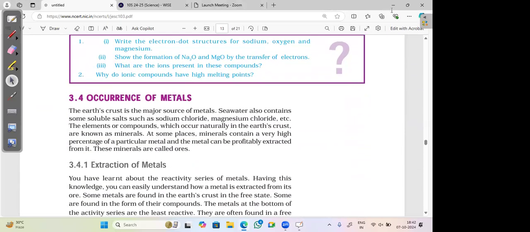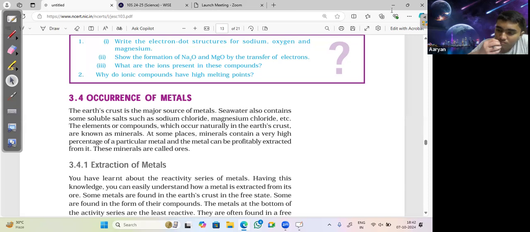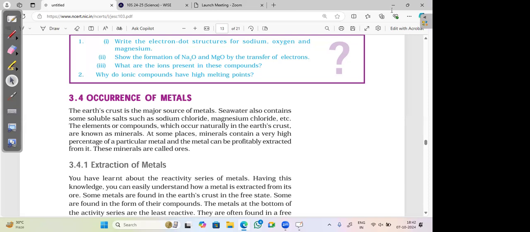What are the ions present in these compounds? So what are the ions present in sodium oxide and magnesium oxide? Abhinav, what are the ions present?